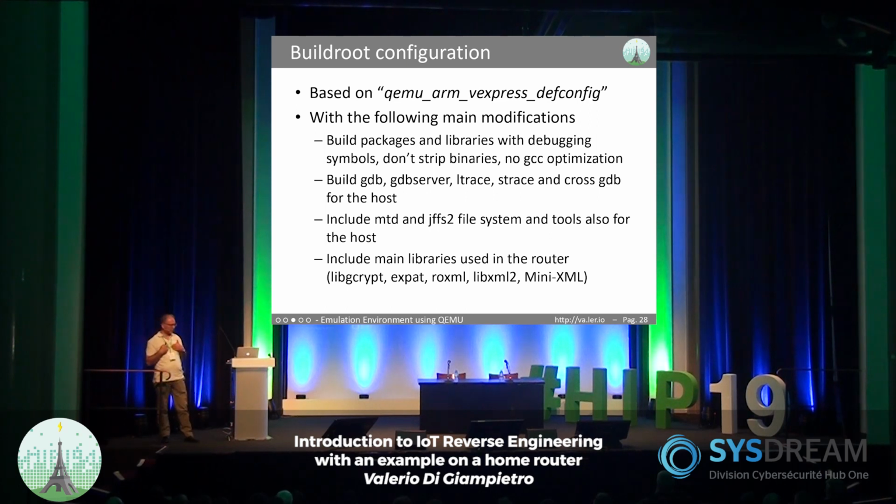We want to be able to use the GNU debugger, so that we can put breakpoints on library function entries, and we can understand what the binaries do, looking at what library function calls are made and what parameters are used in these function calls.